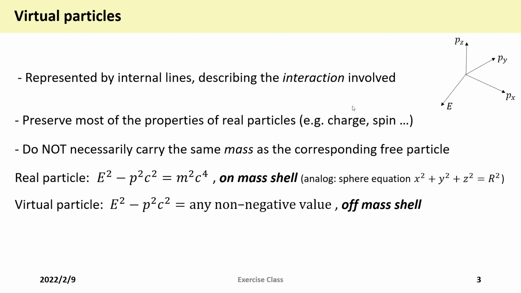For example, the virtual electron will also be spin half. So the only difference is that virtual particles can have a variable mass.